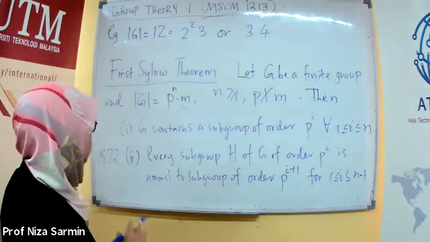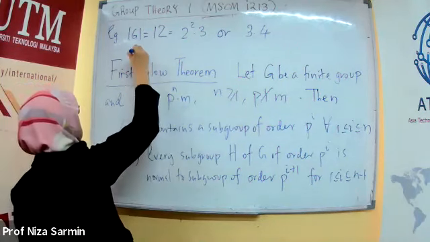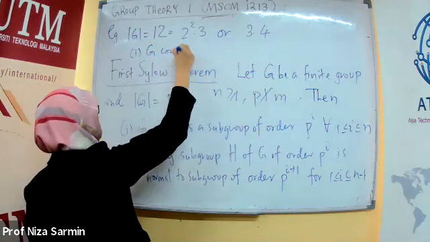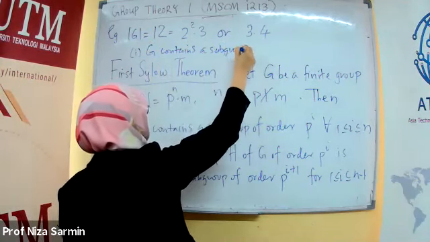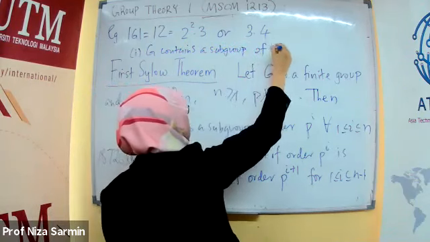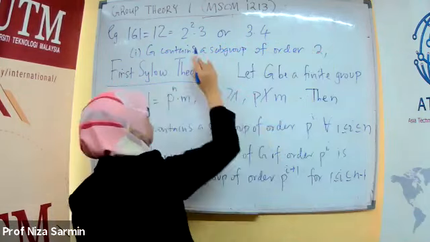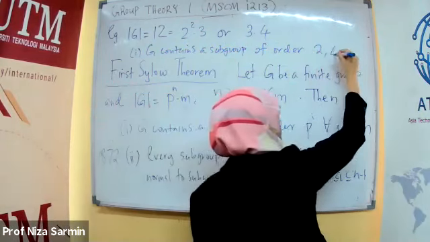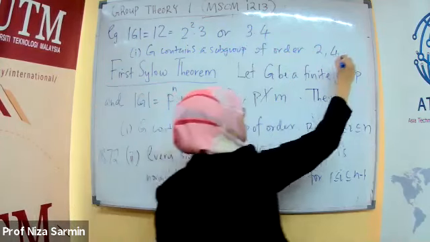Now from the first Sylow theorem, G contains a subgroup of order 2, 4 from here, and from here, 3.